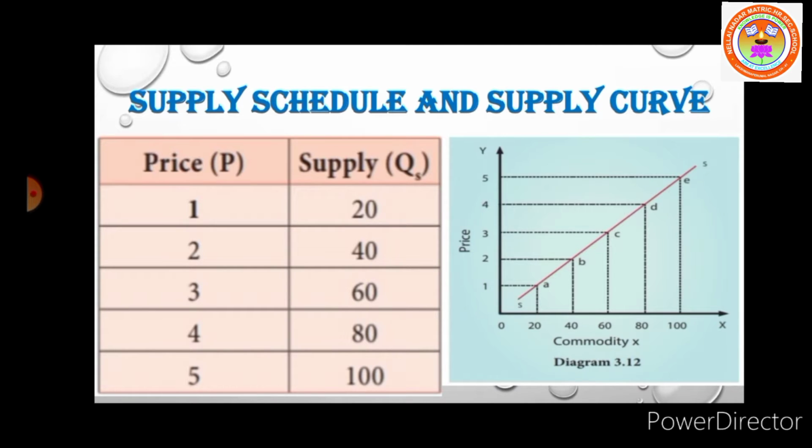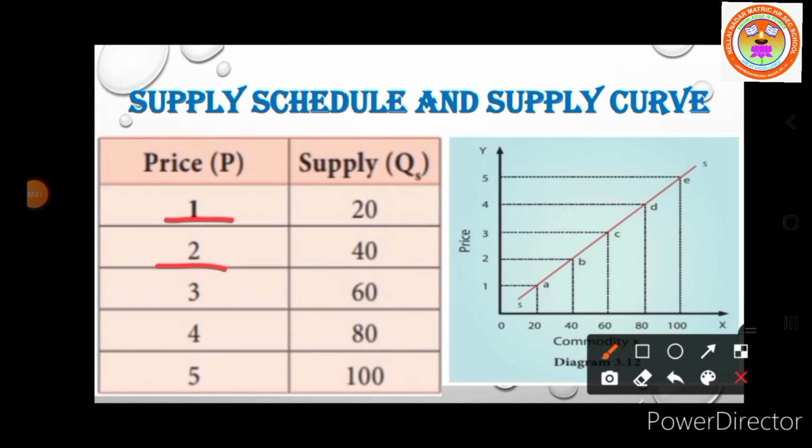Next, let us see the supply function explained through the supply schedule and supply curve. A supply schedule shows the different quantities of supply at different prices. The price increases 1, 2, 3, 4, 5, and supply also increases 20, 40, 60, 80, 100. As the price increases, supply also increases. In the same way, in the supply curve, as the price of the commodity increases, the quantity supplied also increases, so the supply curve has a positive slope from left to right.